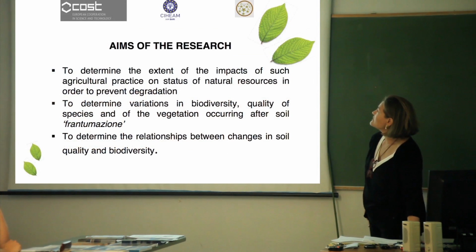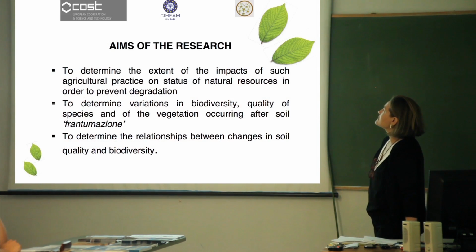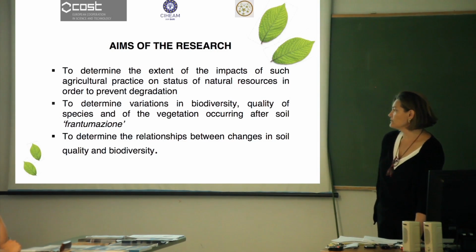So the aim of this first research was to determine the extent of the impact of such agricultural practices on the status of natural resources in order to prevent further degradation, and variation in biodiversity, quality of species and vegetation occurring after soil frantumazione. In order to do this, it's important to determine the relationship between changes in soil quality and biodiversity.